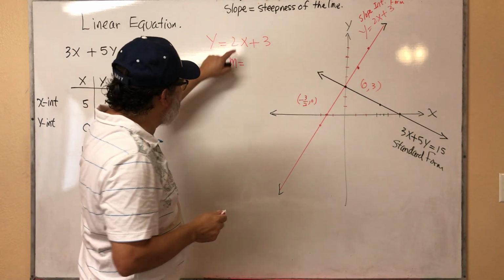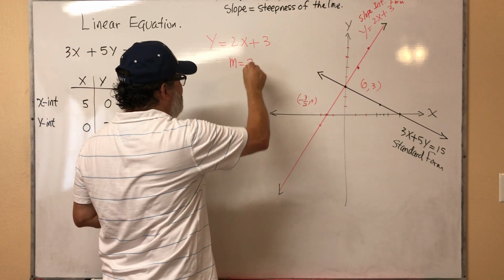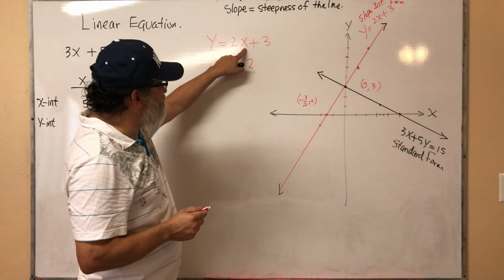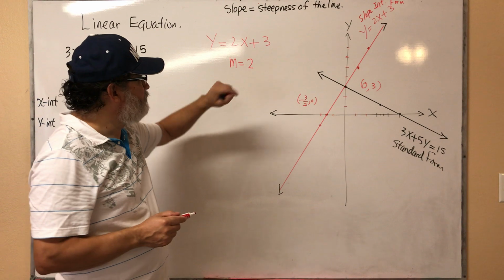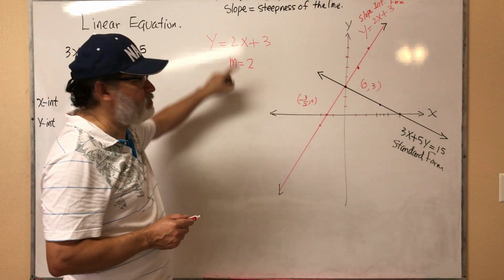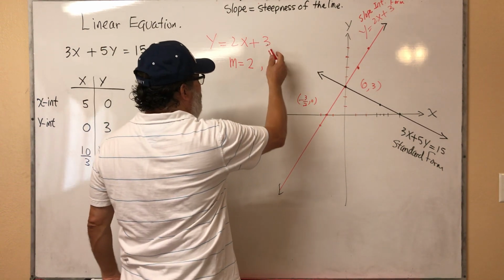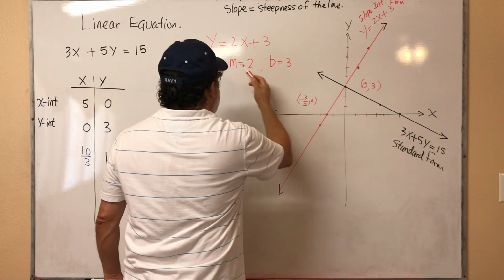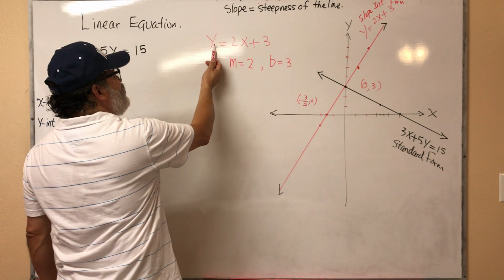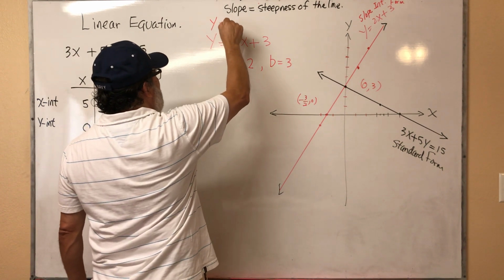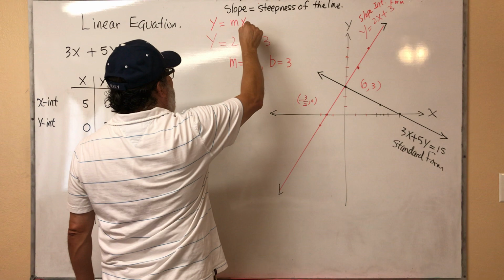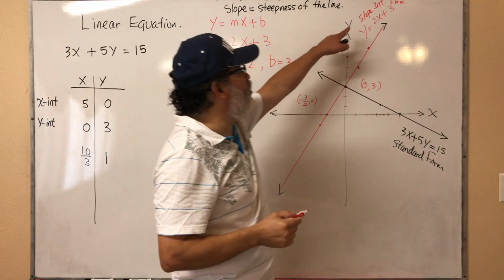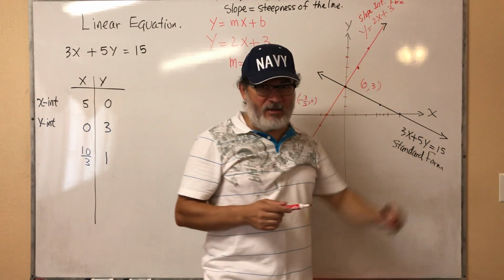The slope is 2. Whatever is being multiplied by the variable x, the slope is 2. And this, they call the y-intercept, b. We call this b. b equals 3. So therefore, this equation is written in this form: y equals mx plus b. We call this the slope-intercept form.